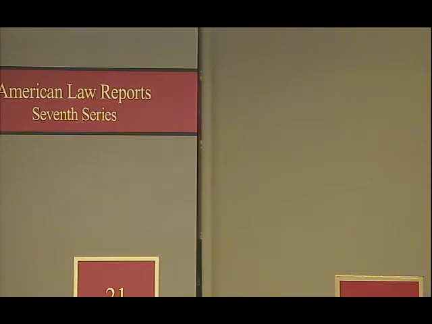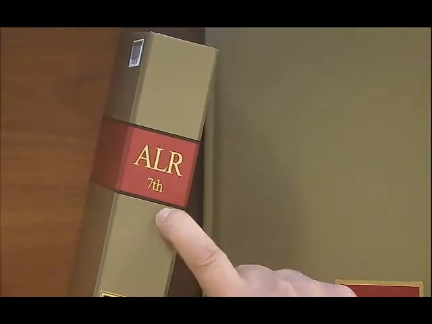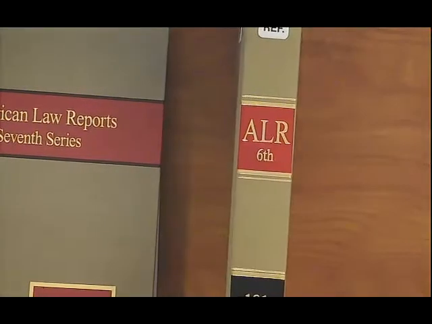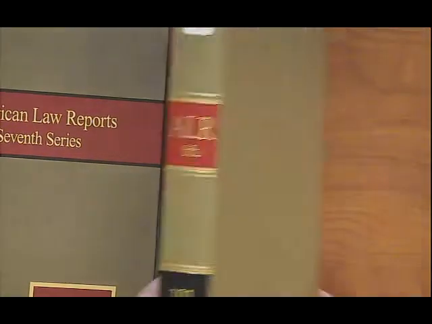When you look at the citation, there will be a title. So in this particular one, Title 21, ALR 7th, followed by a page number. Same thing with ALR 6th. This would be 101, ALR 6th, and then the page number.